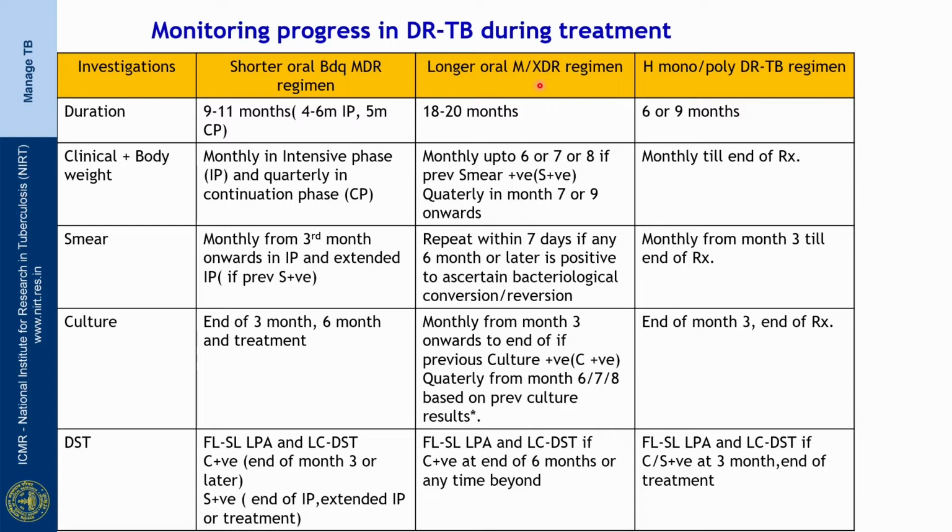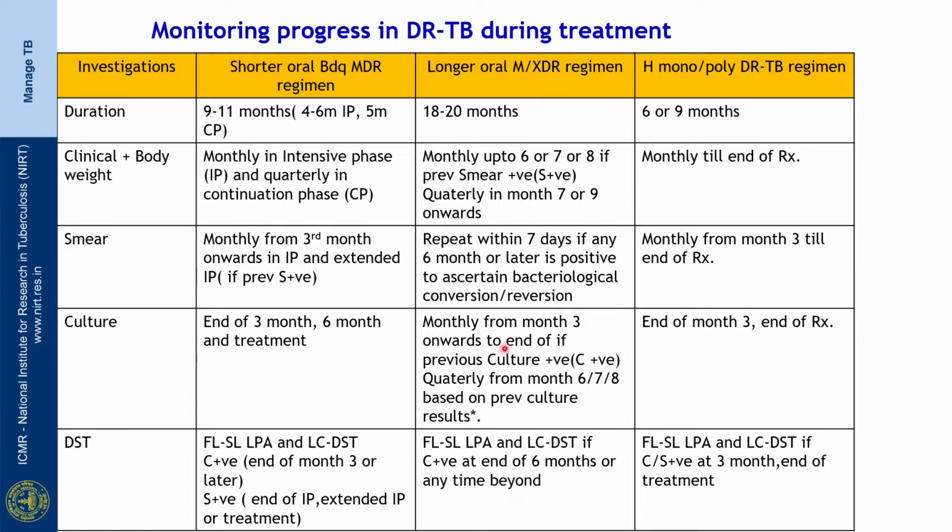For the longer oral MDR/XDR TB regimen, the total duration will be 18 to 20 months. Here there is no IP and CP. Here the clinical monitoring as well as weight monitoring will be monthly up to 6, 7 or 8 months if the previous smear is positive, and quarterly from month 7 or 9 onwards. A smear test should be done within 7 days if any smear at 6 months or later is positive, to ascertain bacteriological conversions or reversions.